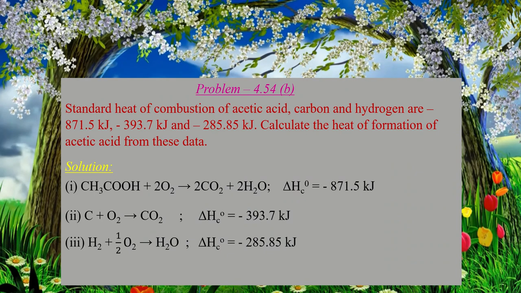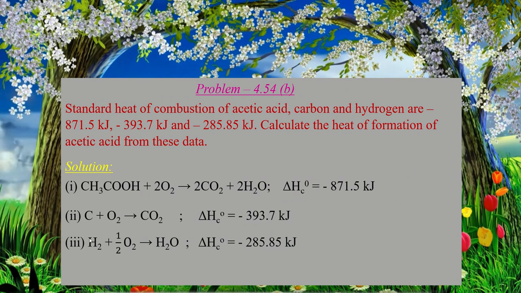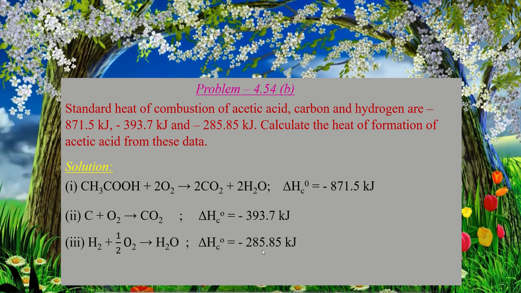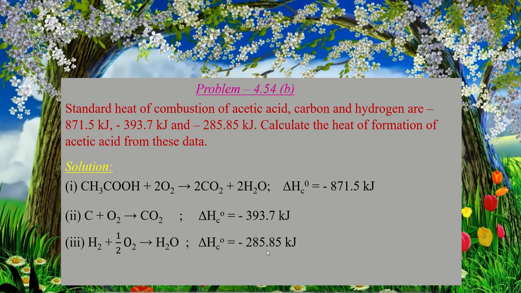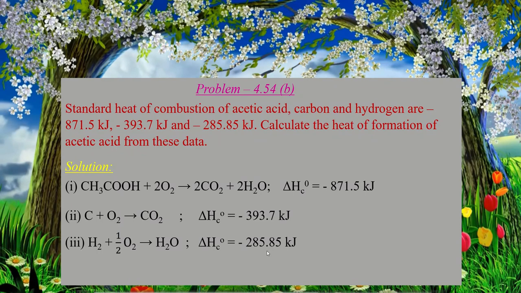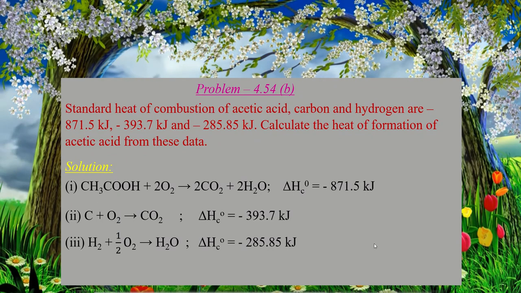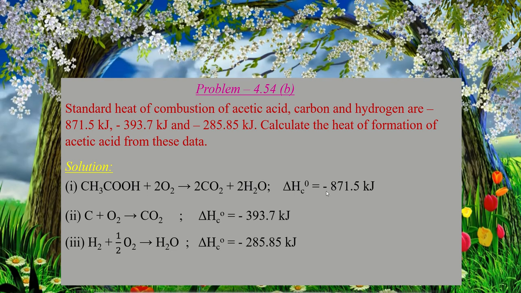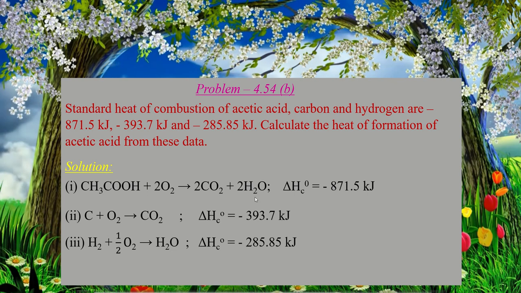So here I have divided the reaction by 2. Here the heat of combustion is given, minus 285.85 kilojoule. You have to calculate the heat of formation of acetic acid. Look, this heat of combustion is also the heat of reaction of this reaction.